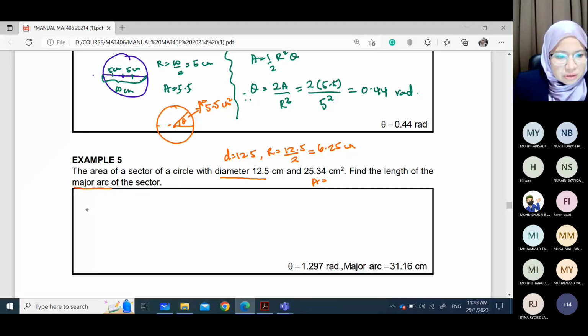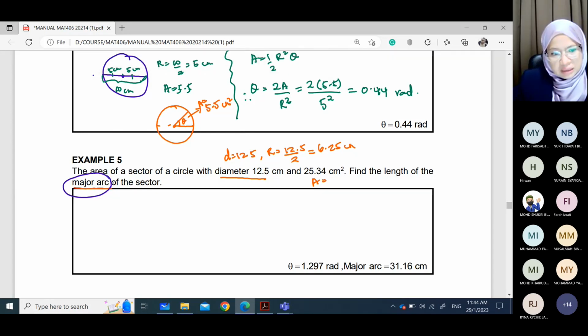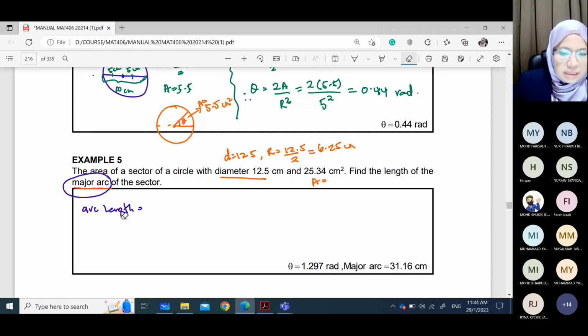Alright. So bila dia minta untuk major arc ataupun arc length, apa yang you kena perhatikan adalah formula bagi arc length. Tadi kita discuss untuk dapatkan arc length, formula dia adalah arc length S equals r theta.